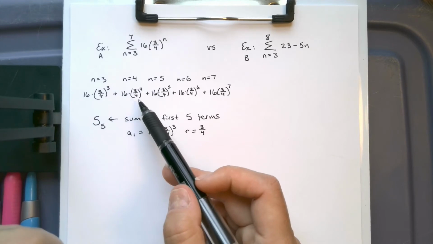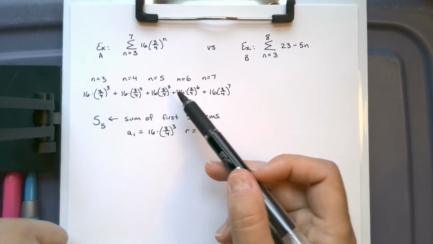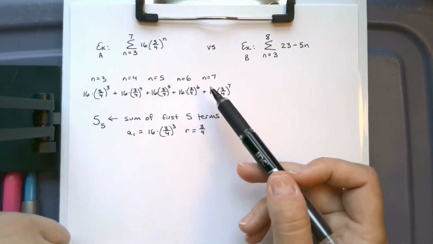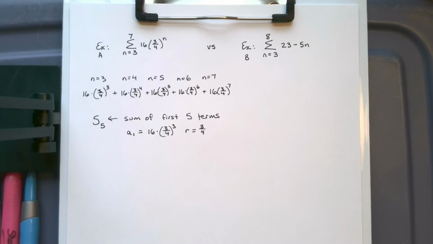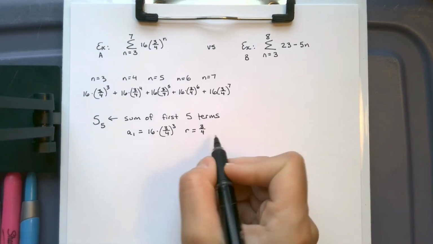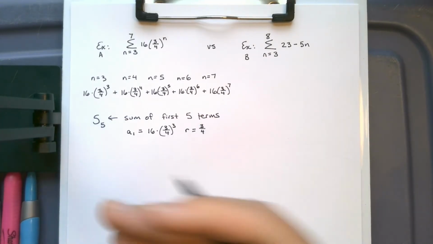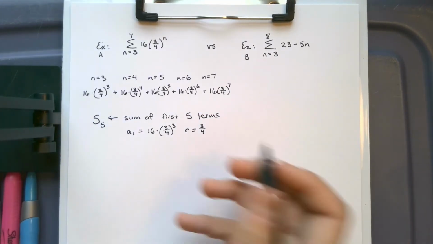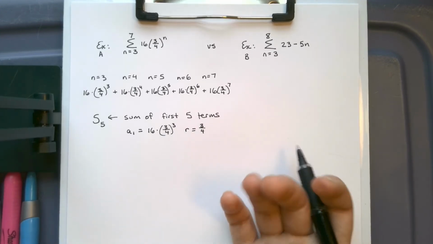Okay, now you got another 3/4 because it's to the fourth. Then another 3/4 because it's to the fifth. Then another 3/4 because it's to the sixth. So you've got a ratio in between each term of 3/4. So you can absolutely use this, or you can just work these out by hand. Either way is fine, but this is a nicer, more concise way of doing this.